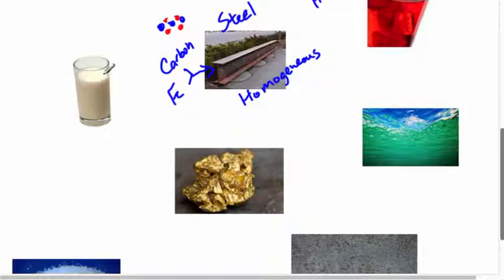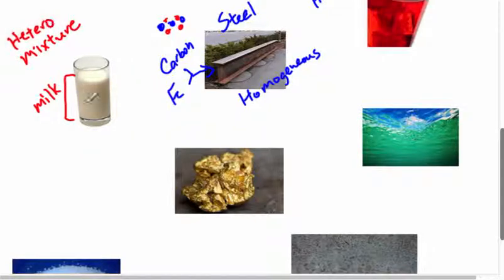Let's look at another one. Milk. This one's a little bit more difficult. If we look at milk, and from the lab, you know that it's a mixture. Now, whenever you go to college, they're going to tell you that it's hetero. But for me, if you say it's homo, I'm fine with that. The milk that you look at in your refrigerator, it looks the same throughout.